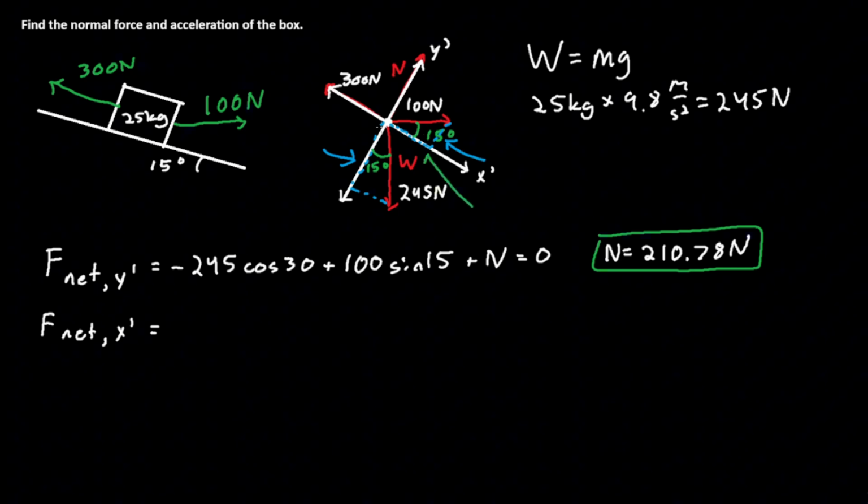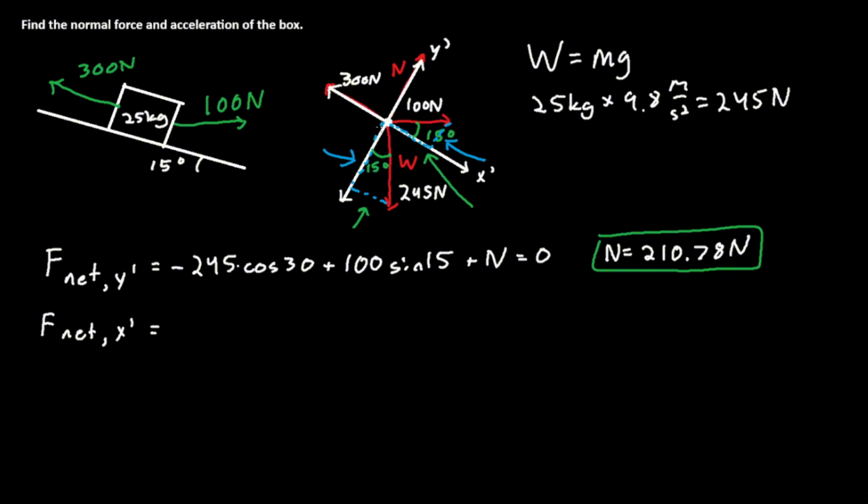We have this guy right here, the x prime component of our 100 newtons. We also have this guy down here, which is the x prime component of our weight force. And we have this 300 newtons that is going directly in the x prime direction. So we have 1, 2, and 3 to account for.